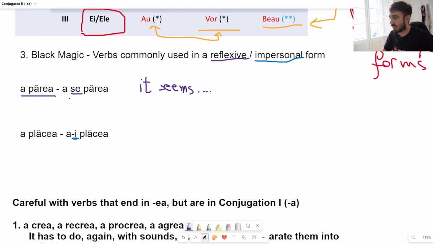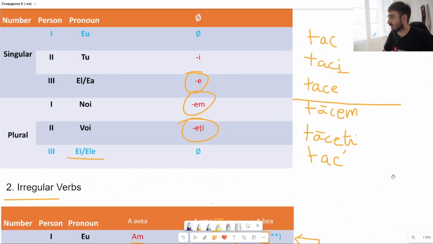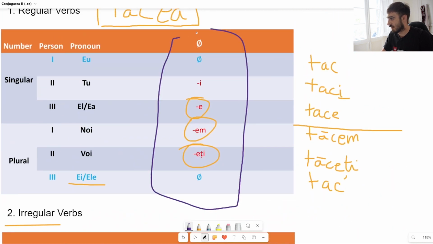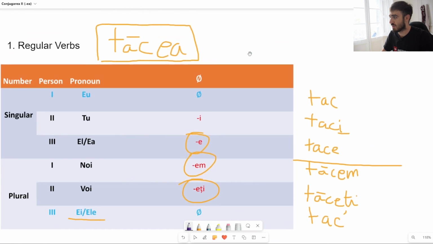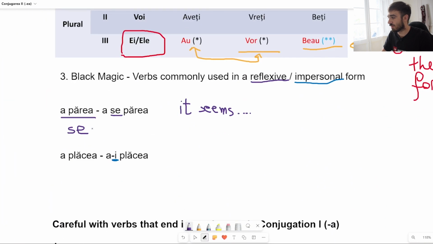Well, you use se, and in order to conjugate părea, we saw it above here. It's the same rule from this. So it seems, it will be the elia form. You change the letter from here. Părea becomes par. So adding the e, pare. So se pare means it seems.